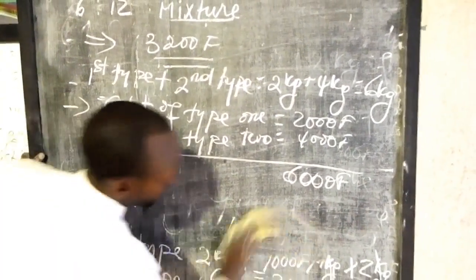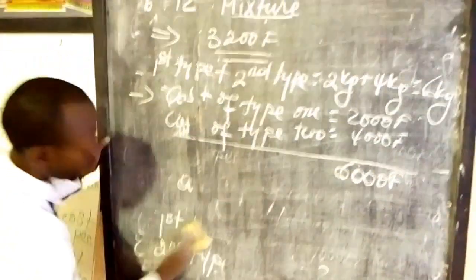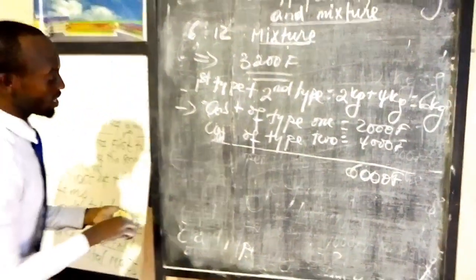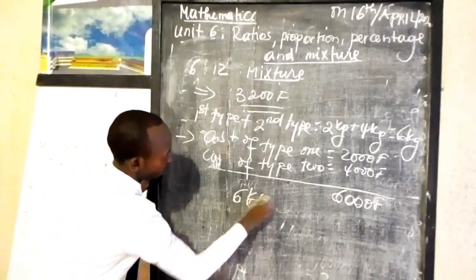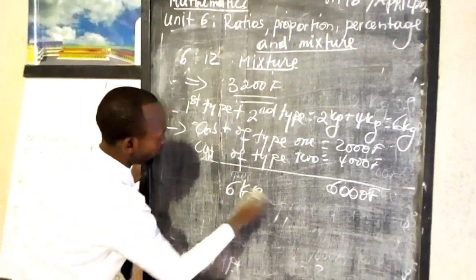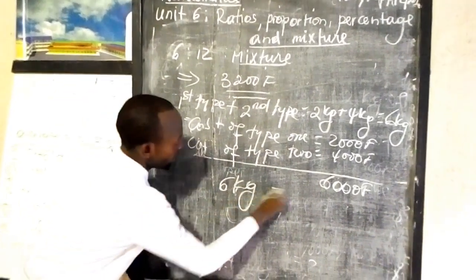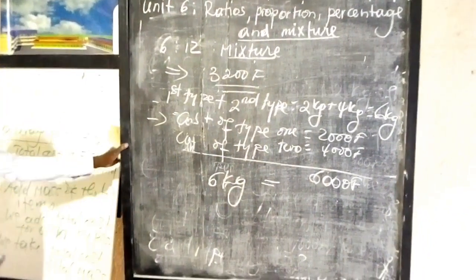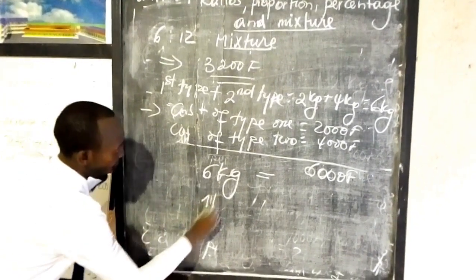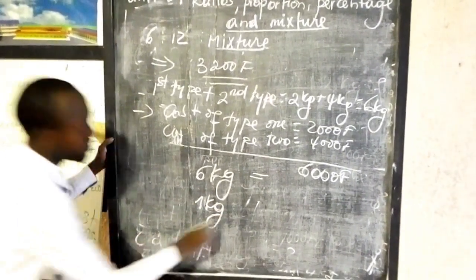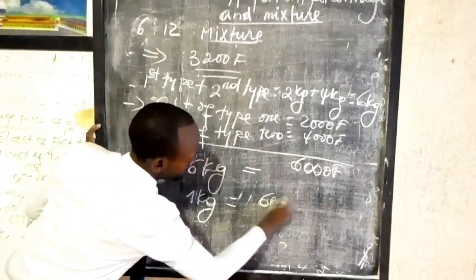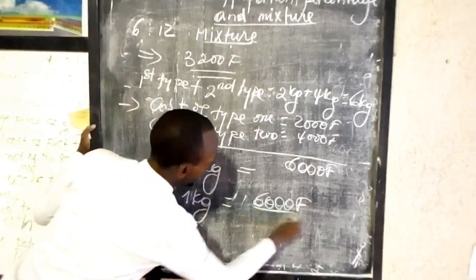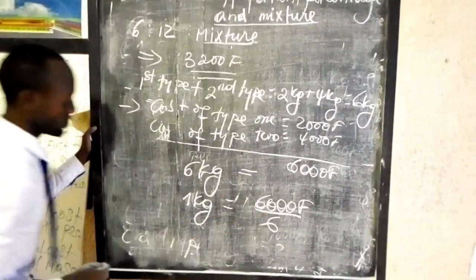Going on, we have seen that taking 6 kilograms of mixed beans of the first type and the second costs 6,000. And 1 kilogram of mixed beans will cost 6,000 francs divided by 6.